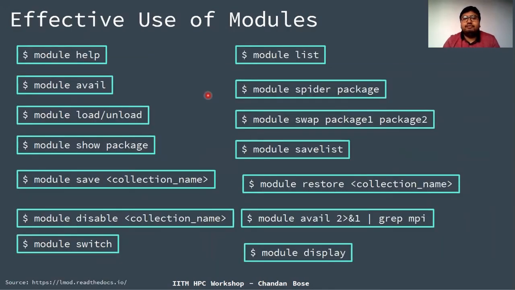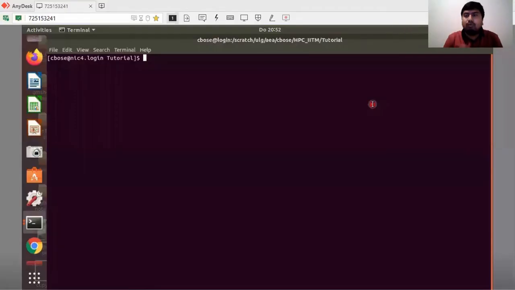So for the effective use of modules, we have a series of module commands, which I will demonstrate one by one and show how to use them to effectively manage your background environment and to build your own software from source code. Now, let me demonstrate how to use modules.